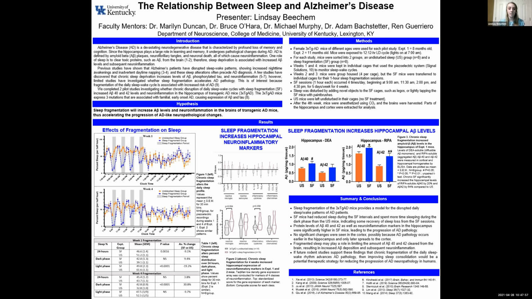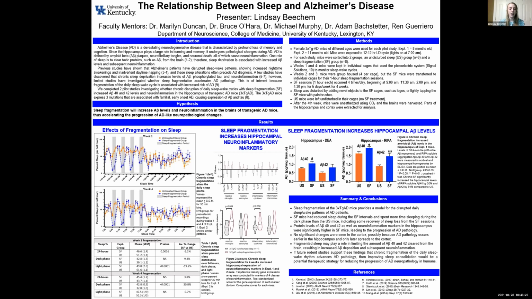And during these SF sessions, for those 1 hour periods, we would keep the SF mice awake by adding novel toys to their cages or by lightly tapping them with a paintbrush. And all the while, we would leave the undisturbed sleep mice undisturbed, allowing them to sleep as normal. After the 4th week, mice were anesthetized, and we harvested their hippocampus and cortex for analysis.